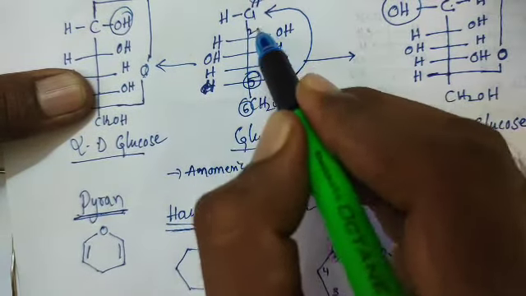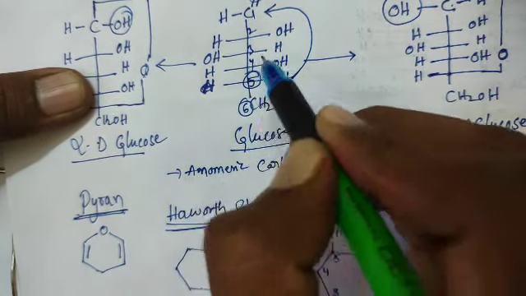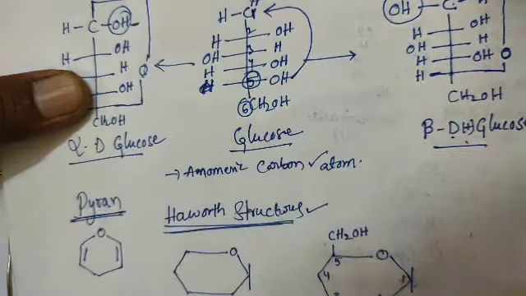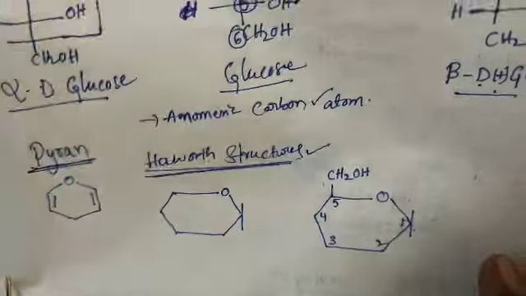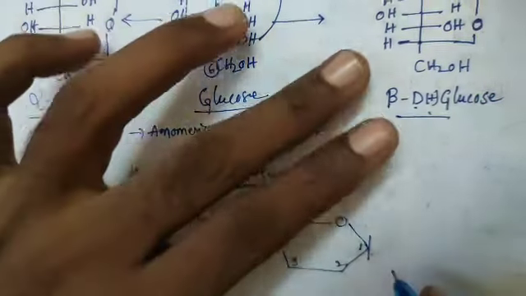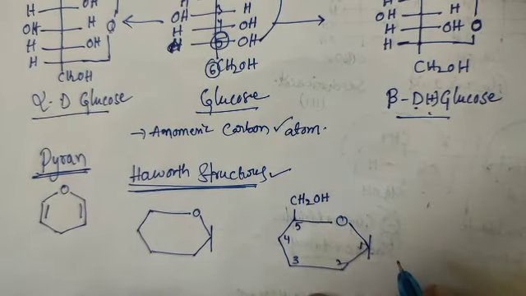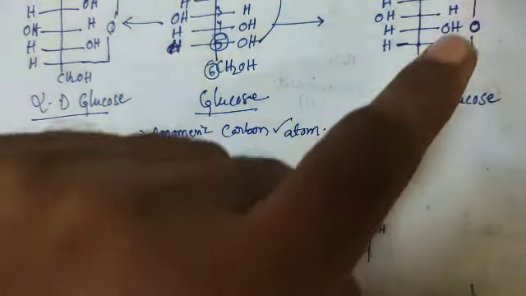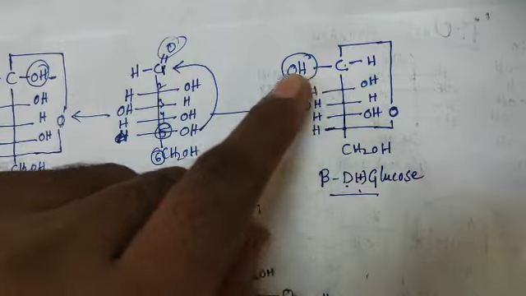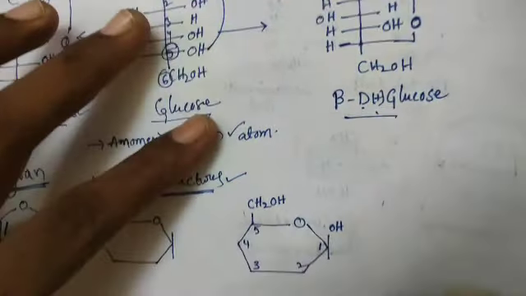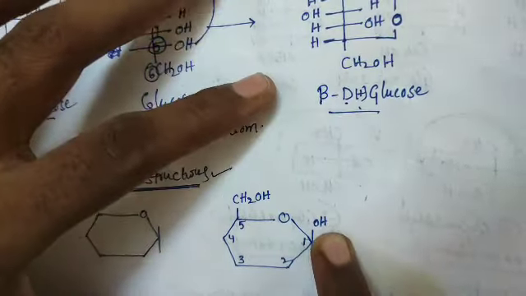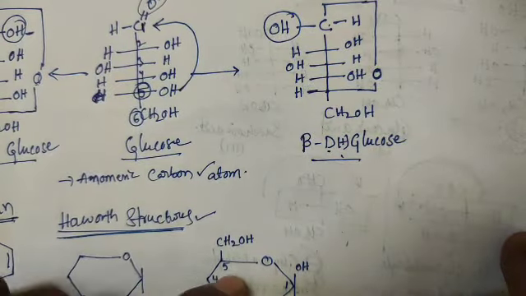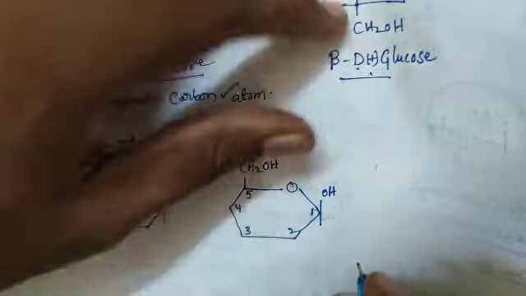Now this is 1 2 3 4. This is the first carbon. Here the only difference is the hydrogen, so I will write that here. When we write OH up, that is the outside OH in this structure, we write it outside. Inside OH groups we will also write inside.